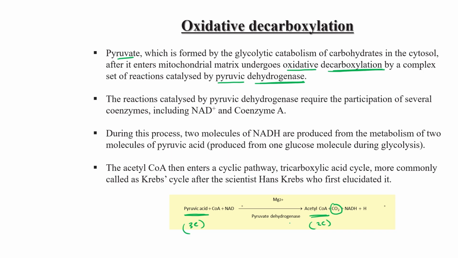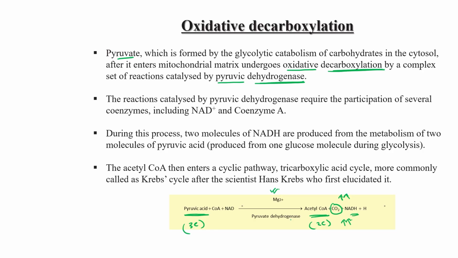We can use the term oxidative decarboxylation because carbon dioxide has been released, and it is an oxidative process. That's why we use the term oxidative decarboxylation for the same reaction. Magnesium ion acts as a cofactor over here. Okay, and 1 molecule of NADH is also generated.